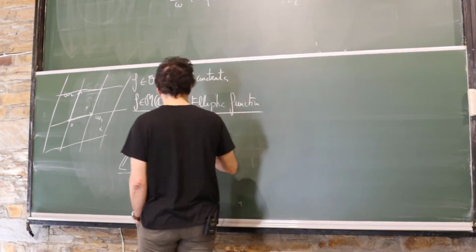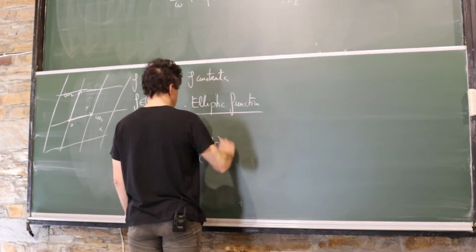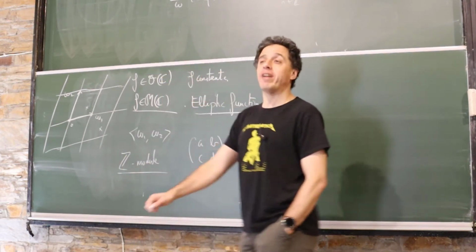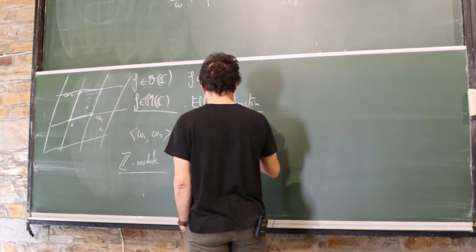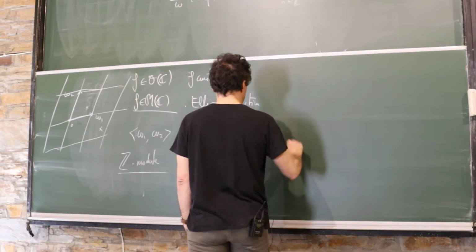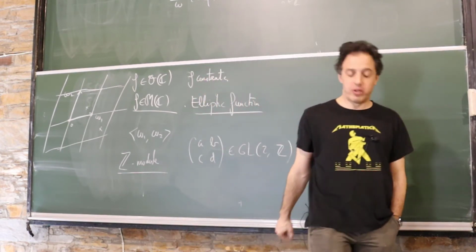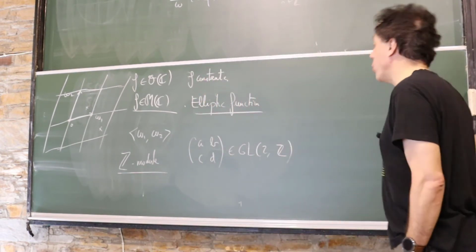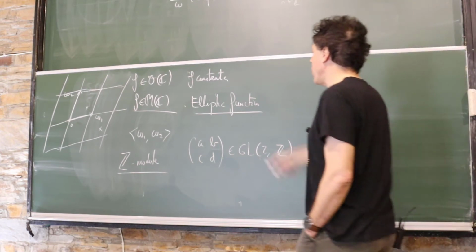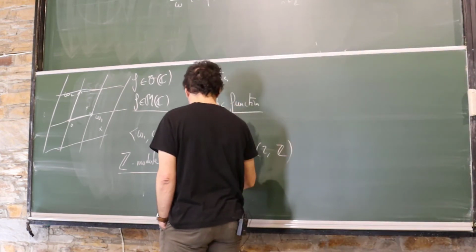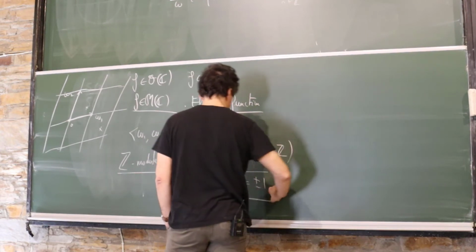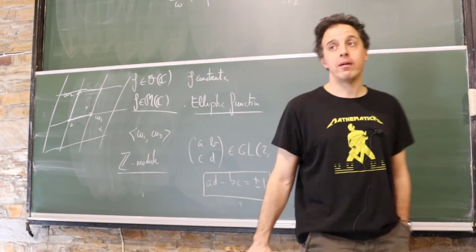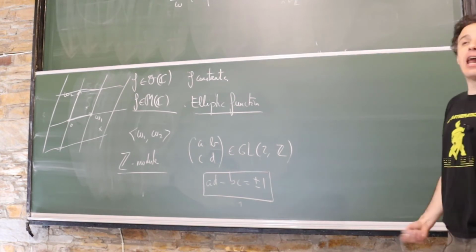So if you take an invertible matrix A, B, C, D, invertible over Z, a 2 by 2 matrix of integer numbers such that the determinant AD minus BC is equal to plus or minus 1, you have another basis.